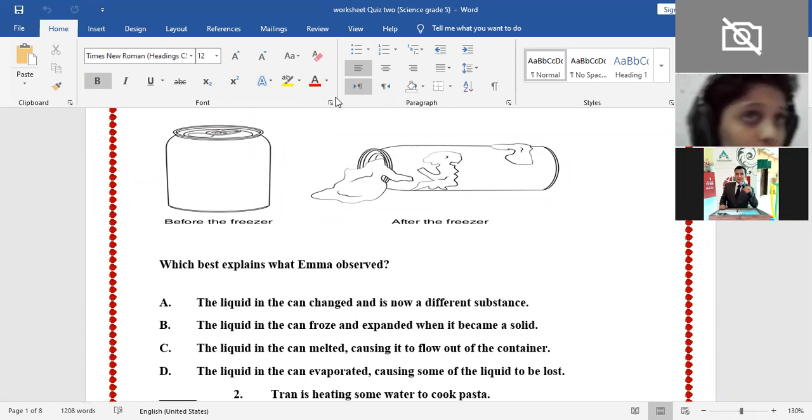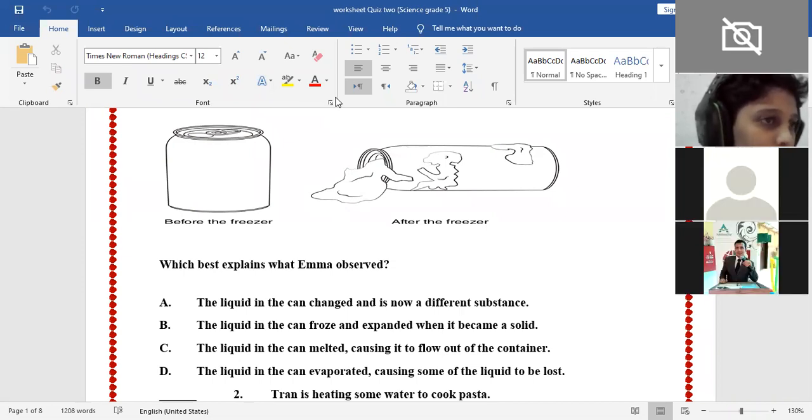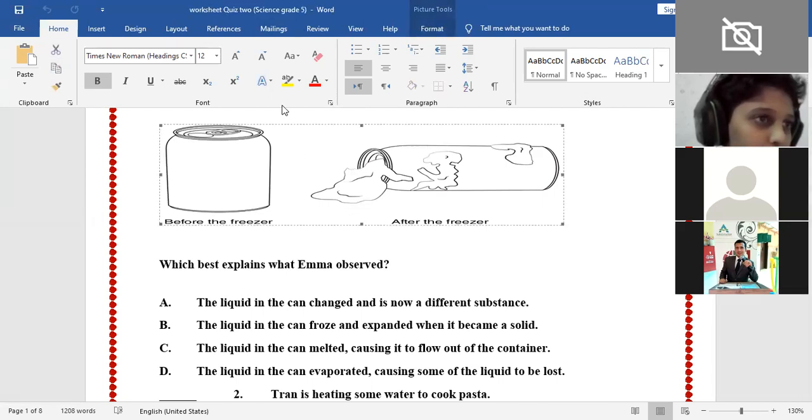Mister, I don't understand it. Okay, I will explain it again. Please pay attention with me. Emma put a can, Pepsi or cola, inside the freezer. Before the freezer, is the liquid solid or gas?